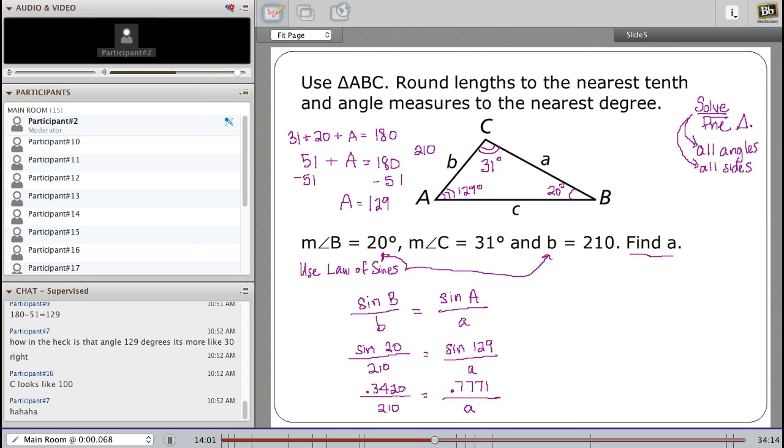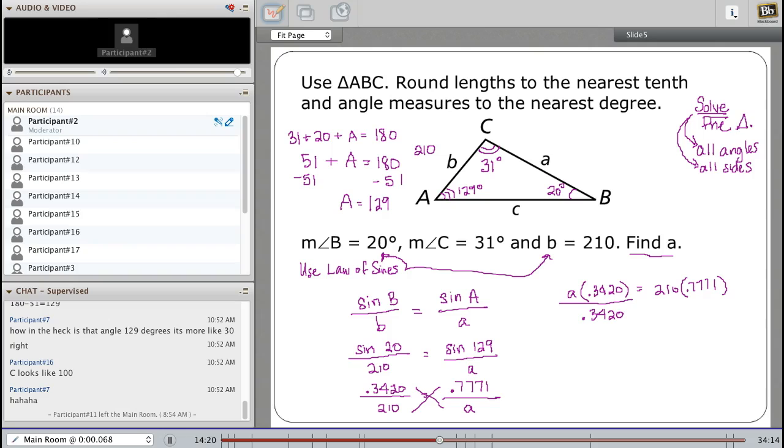And then from here we're going to cross multiply. Okay, so we get A times 0.3420 equals 210 times 0.7771. And then we're solving for A, so we want to get rid of the decimal. So we divide by 0.3420 because that's going to cancel that out on the left side for us.